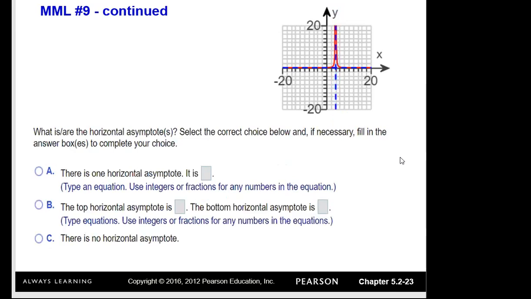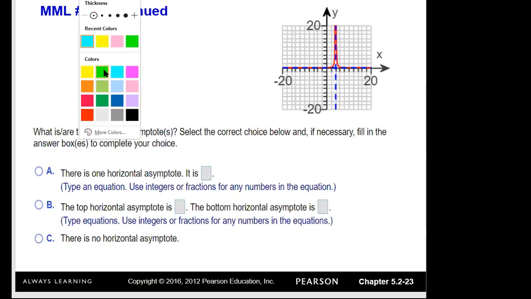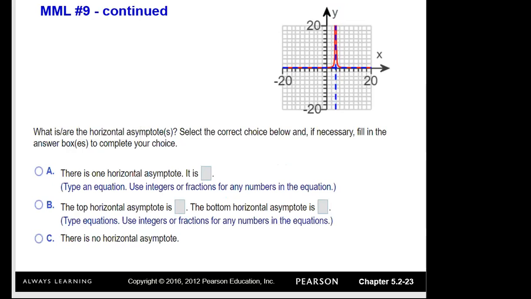And then horizontals, there are none. Oh, I'm sorry, yes, there are. What are the horizontal asymptotes? It's right here, which is the x-axis.